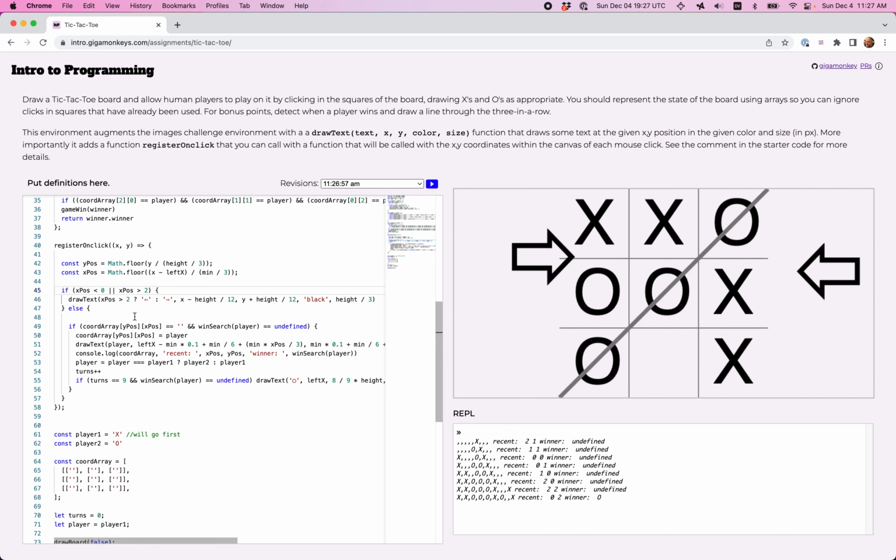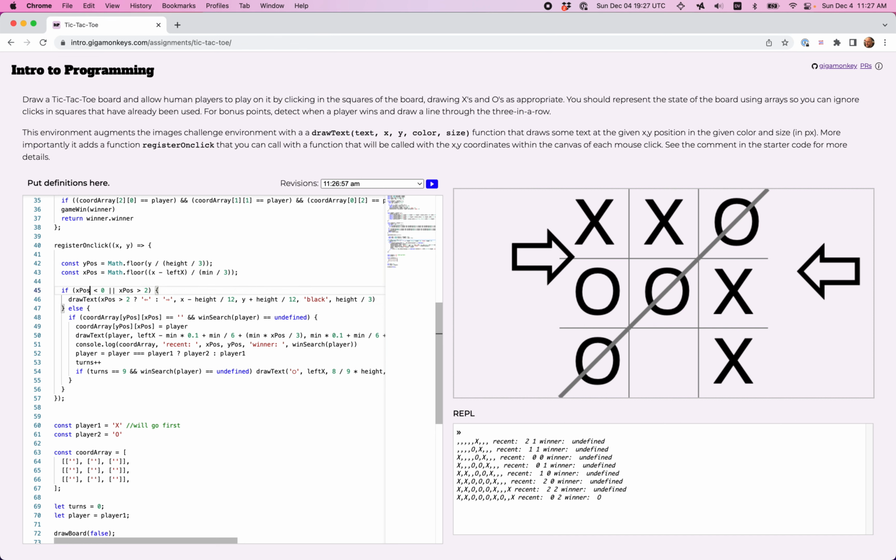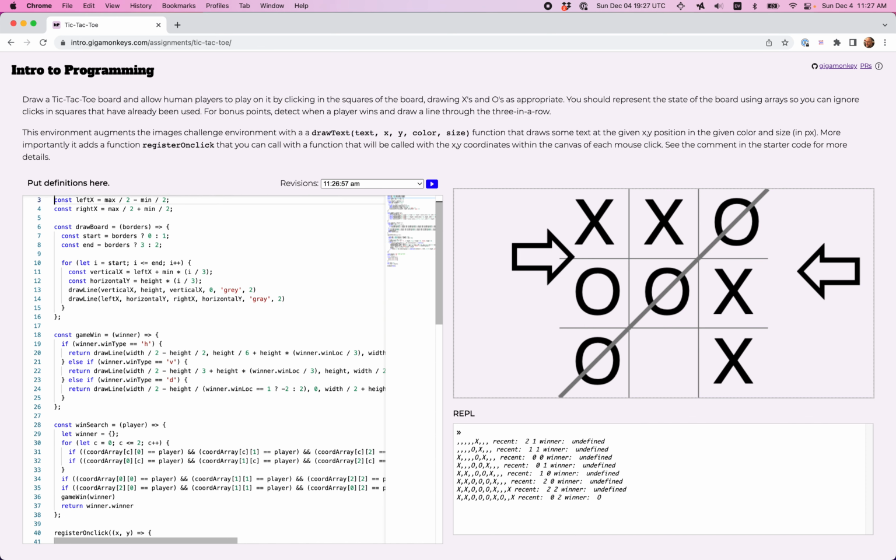Okay. So this has simplified the code a bit. We've gotten rid of two three-legged ifs and replaced them with a little bit of math. And now the register on click is somewhat more manageable. And so basically, now we've got it down to a few definitions.